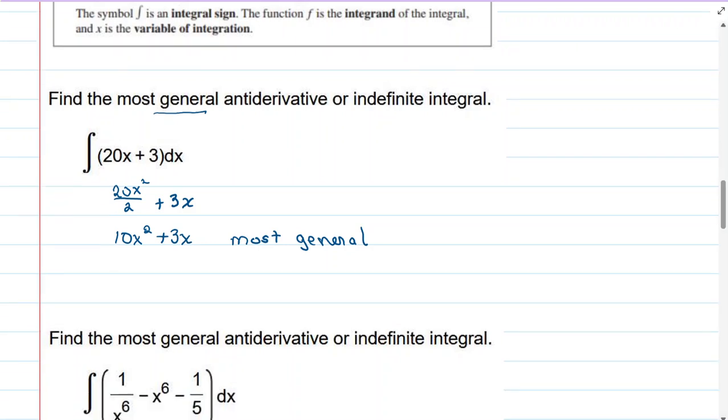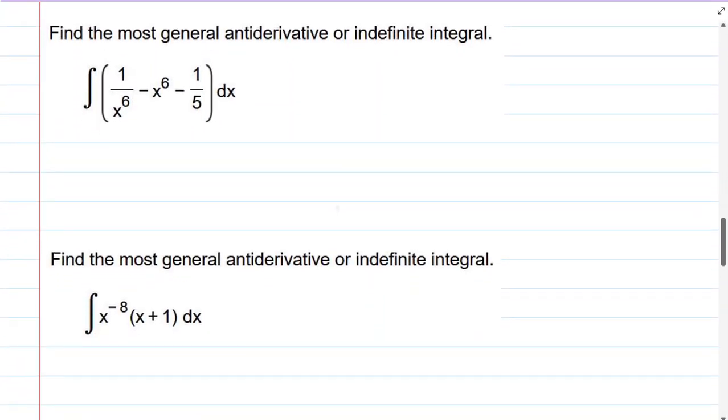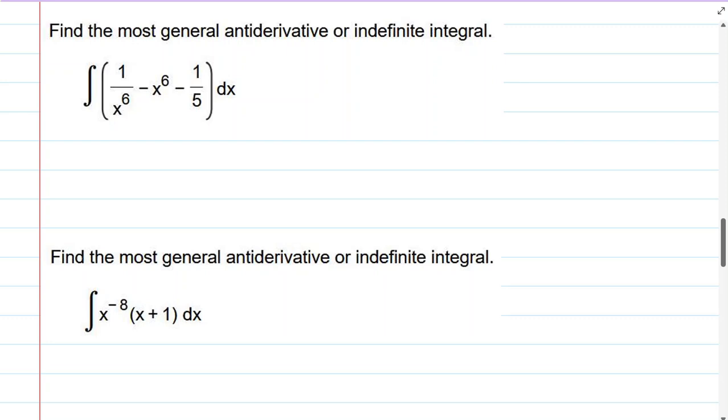Okay, let's try another one. All right. Well, on this one, I would rewrite it first, wouldn't you? Rewrite it because I'm going to be adding and dividing, right?